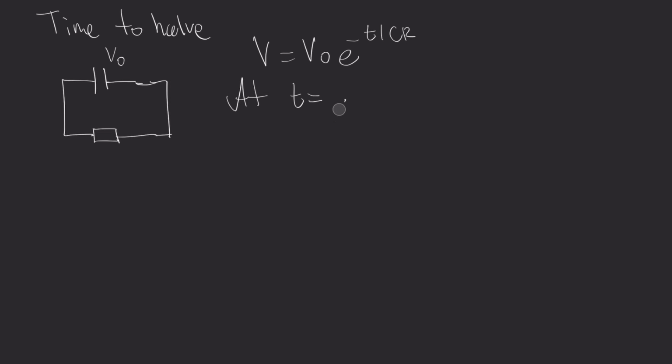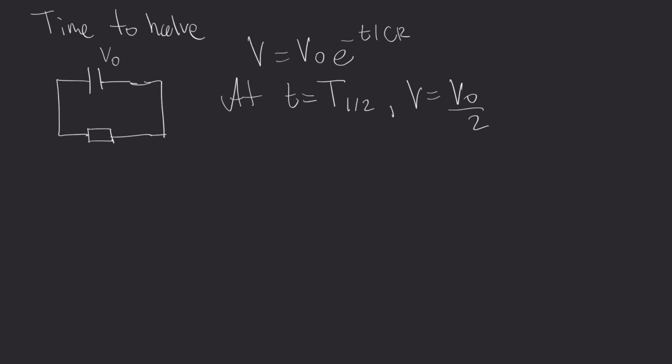This is typically given in AQA as a capital letter, so let's write it like this. We can say that the voltage is equal to V naught over 2. So this means that in our equation, V is going to be just V naught over 2 when T is equal to the halving time, and then we get V naught e to the minus T half over CR.